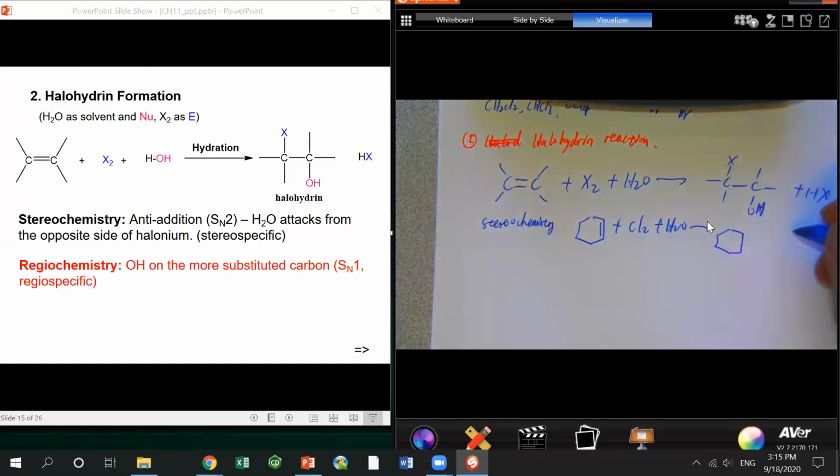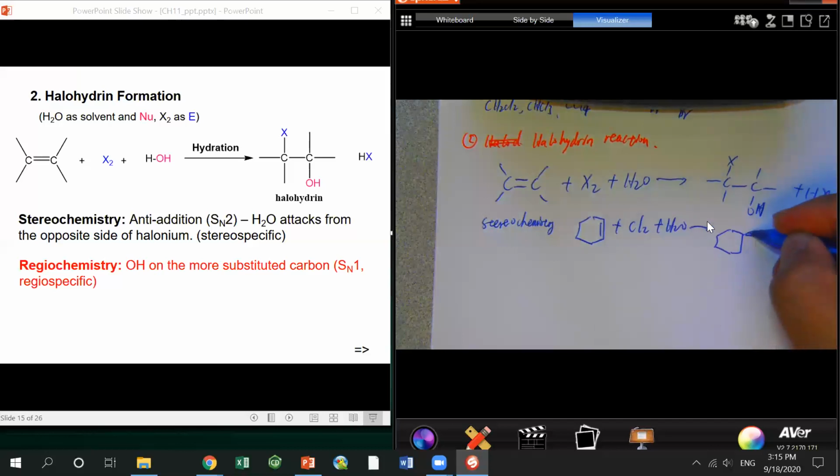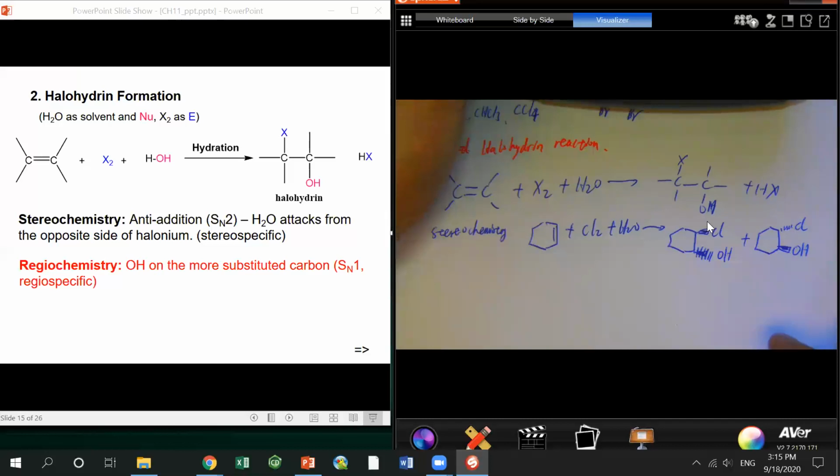For this one, because the alkene is symmetrical, it doesn't matter where the chloride or the OH adds. And you can also generate the enantiomer, a pair of compounds, with anti-addition. And the more difficult case is the regiochemistry.